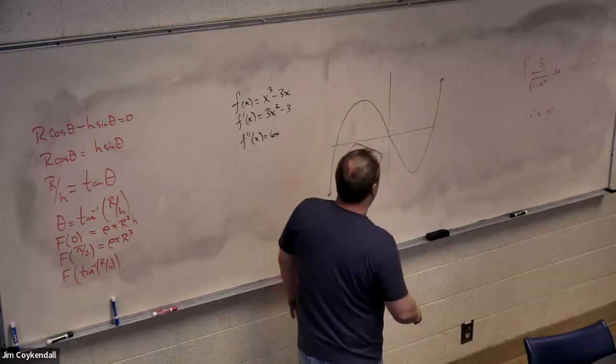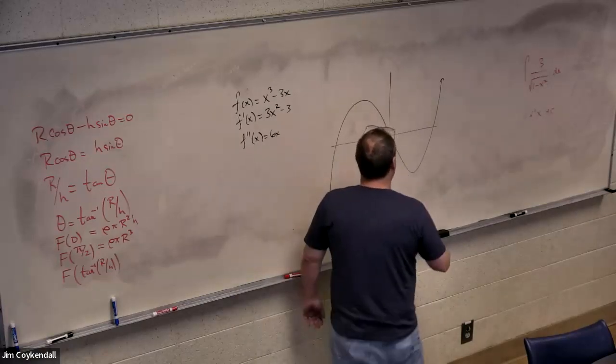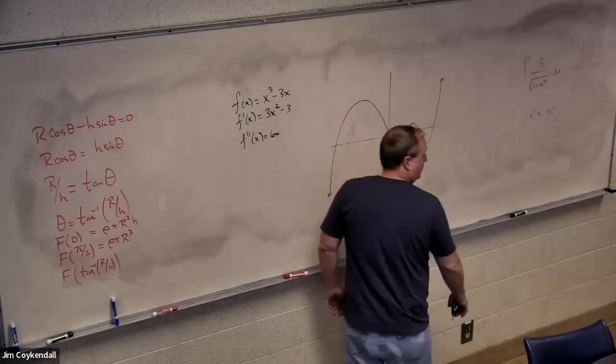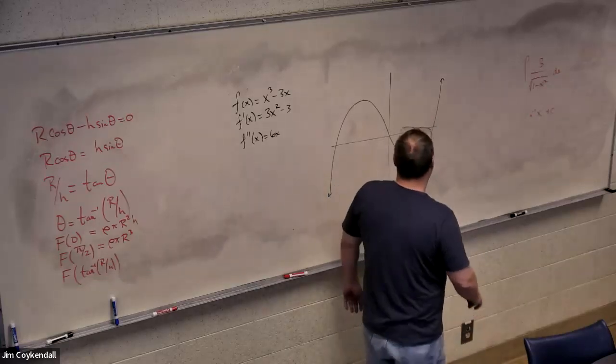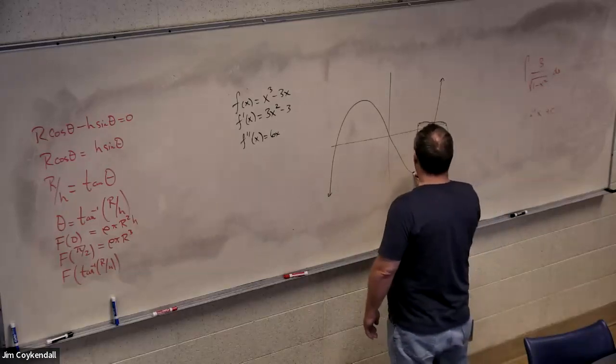Now, I said, for what positive choice of x0 does Newton's method fail? I wonder if anybody said one.